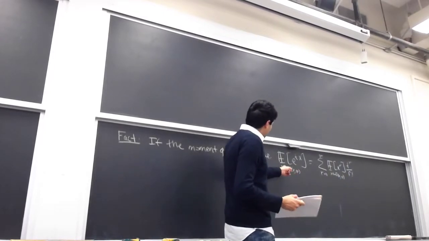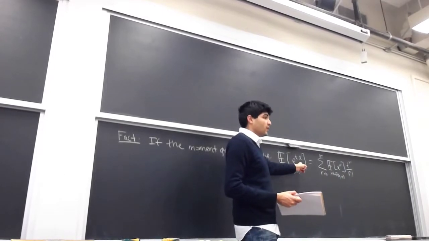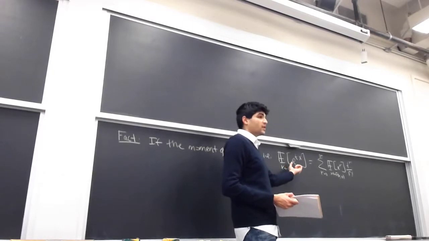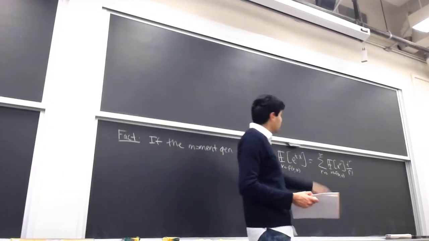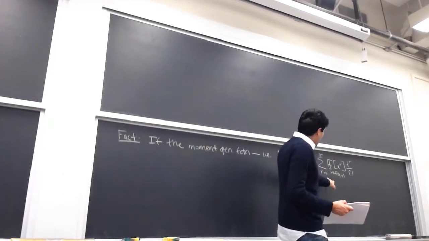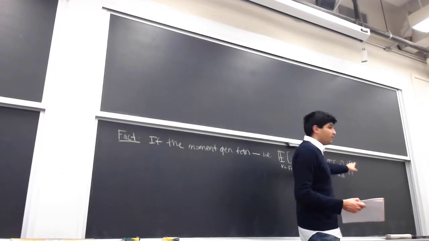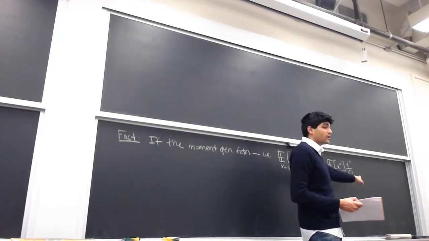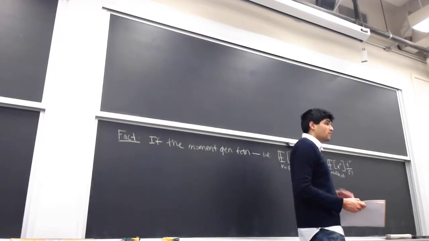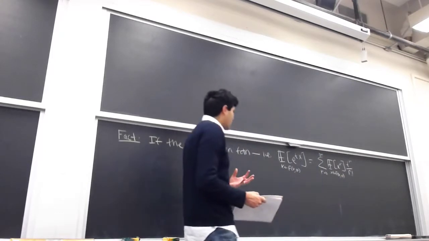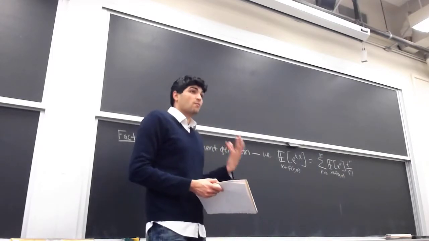So in this way, if you take this random variable, for any fixed value of t, you can compute what this expectation is. And you can think about t as a formal variable, and then it has some expression, some infinite sum that expresses it. And when you expand it out, each of the coefficients in this t to the r over r factorial will just be the moment.